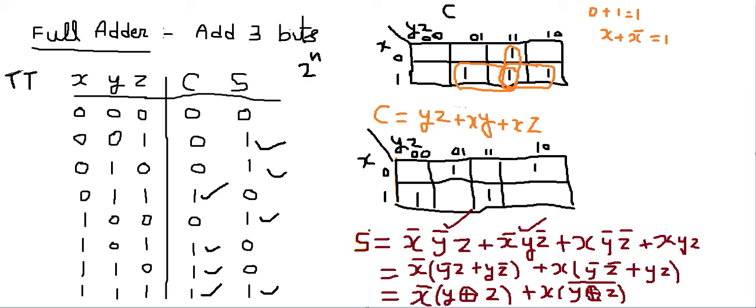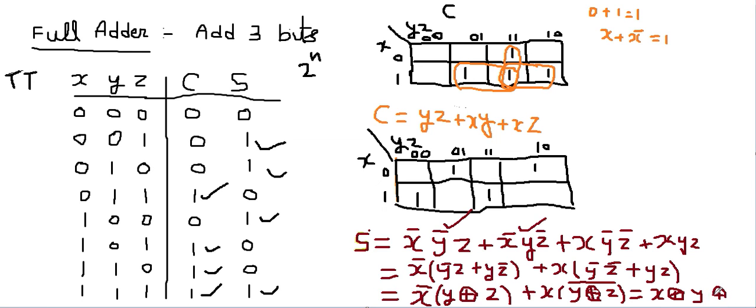So now you can easily observe that here we have x complement, here we have x, here we have y or z, and we have the complement of y or z. This is again the same as this one. So we can write it as x XOR y XOR z.